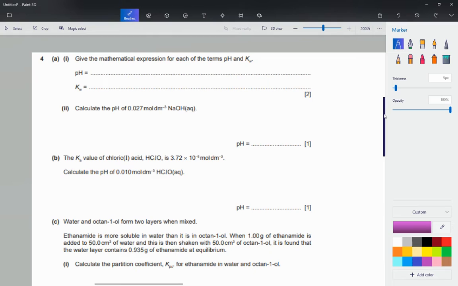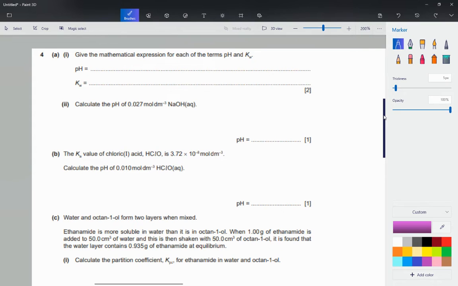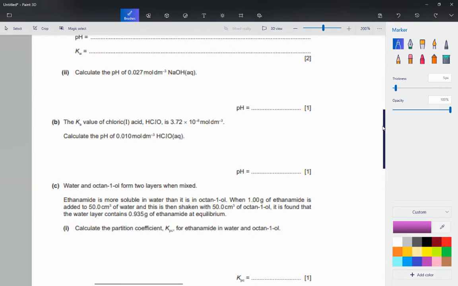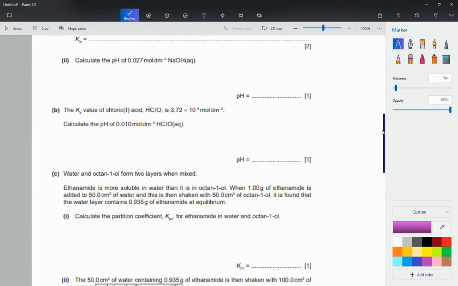It starts off with some mathematical expressions that you need to be able to recall, and then there's a calculation of pH given some data, and then there is a Ka question. You have to work out the pH from that using the relationship that you have memorized.